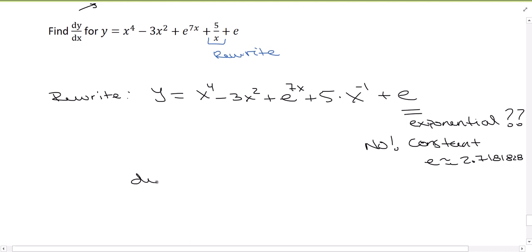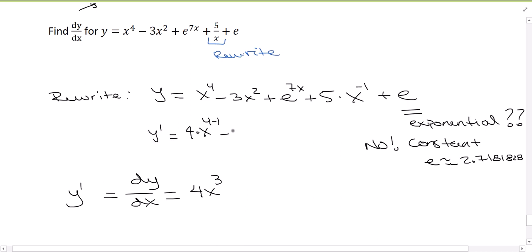So now dy dx, which the other notation for is y prime, is, now I can start taking the derivative. General power rule there, so 4x cubed, right? Bring the power down and then decrease the exponent by 1. What I did here is 4 times x to the 4 minus 1.